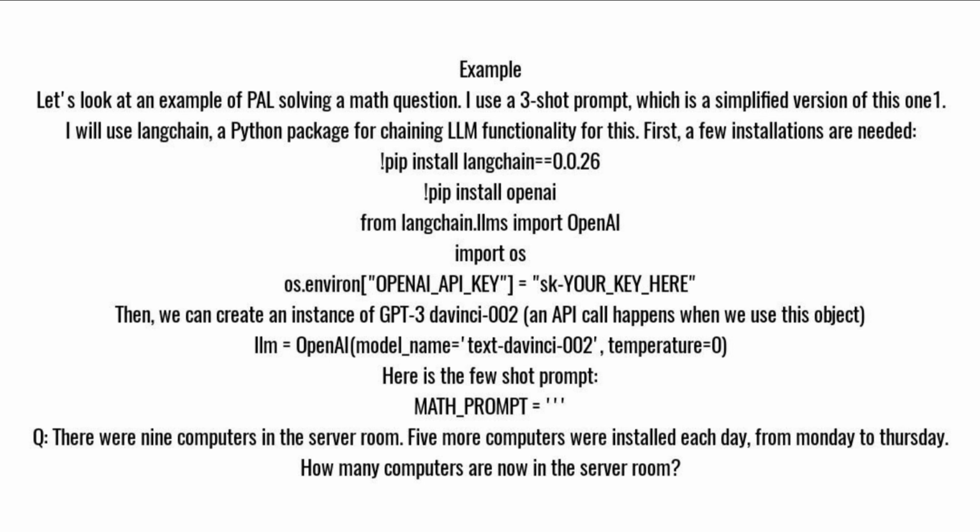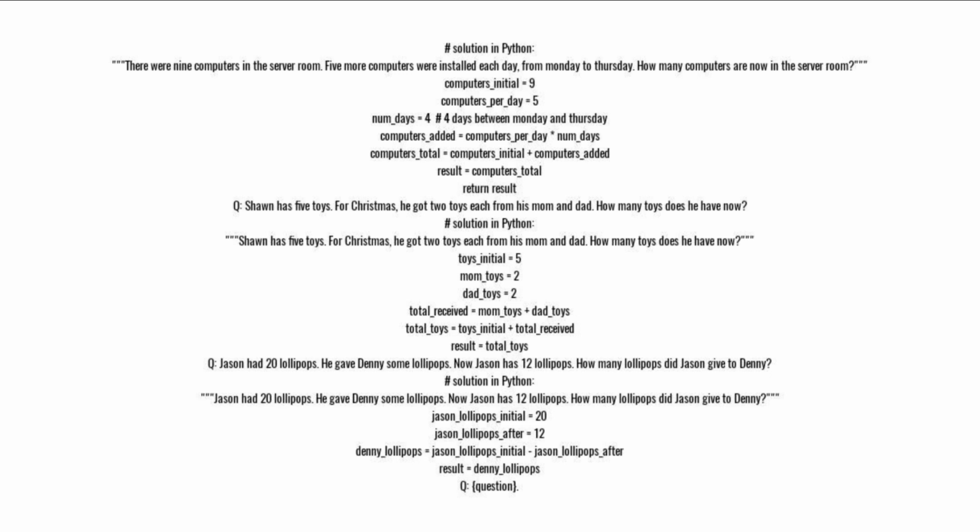Here is the few-shot prompt. math_prompt equals. Question: There were 9 computers in the server room. 5 more computers were installed each day, from Monday to Thursday. How many computers are now in the server room? # solution in Python. There were 9 computers in the server room. 5 more computers were installed each day, from Monday to Thursday.